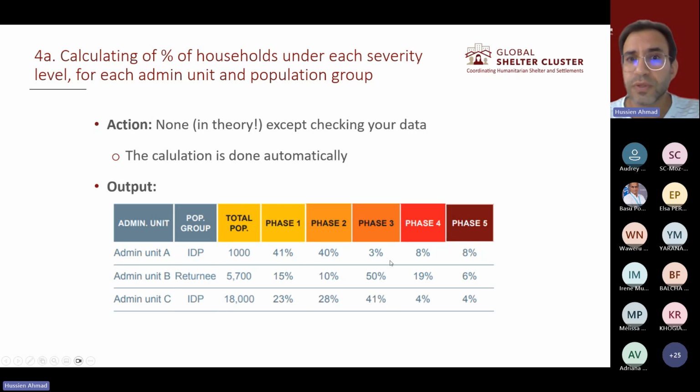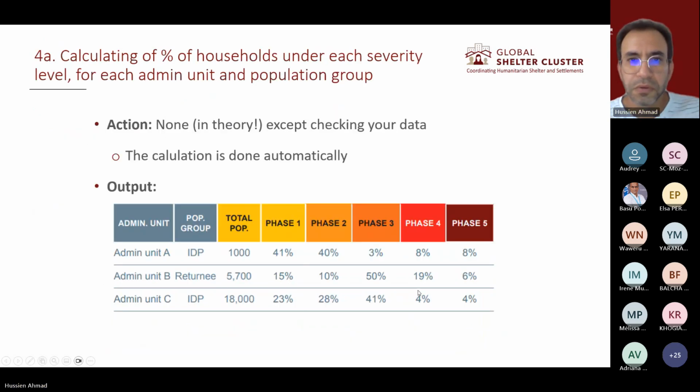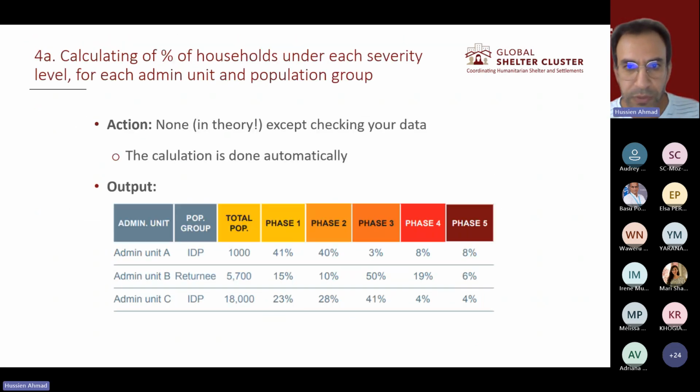So, for example, in admin unit A, if we look here, we have 1 in severity 4, 1 in severity 2, 1 in severity 5. Well, the example here is not reflecting that. Sorry for this. Or for IDPs, 4 and 2.